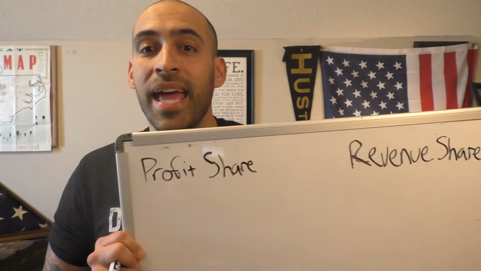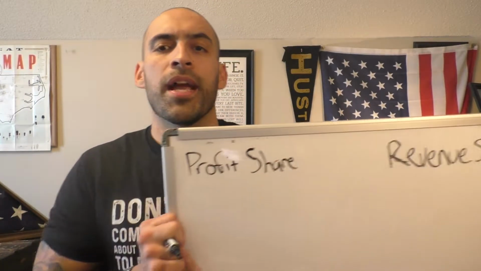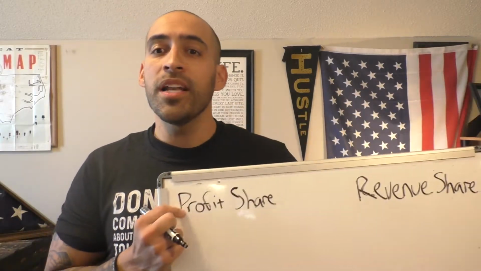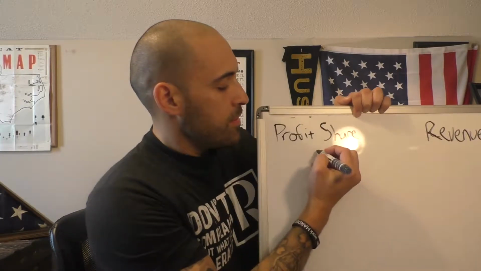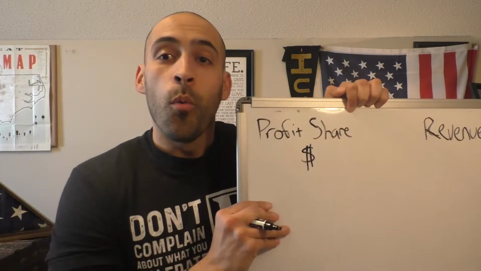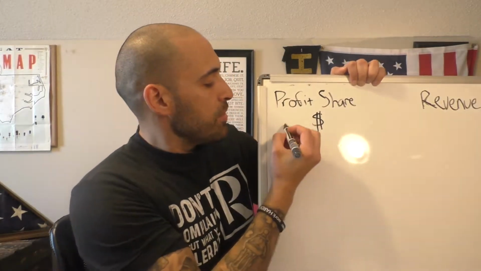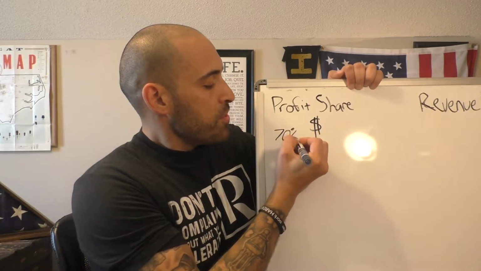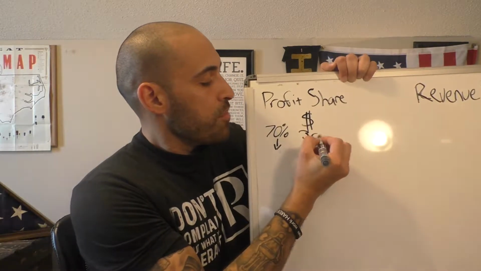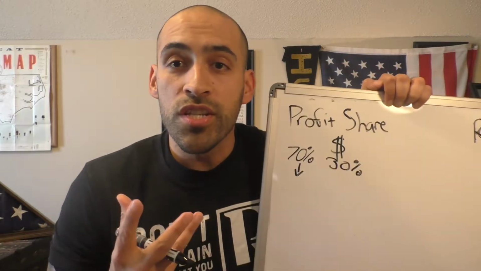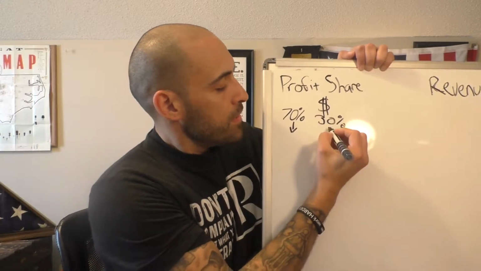Now I went ahead and purchased something very expensive just to go over this model for you guys. Profit share. Now what is profit share? Now what happens is all the money within the office, let's say 70-30 is the split. So 70% goes to the agent and 30% goes to that office, okay? Or what they call market centers.